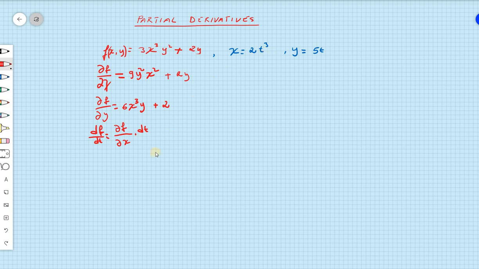If it's more than one variable, you have to do partial times partial derivative, right? But here it's only one variable, t. So you'll understand why I say that in just a second.